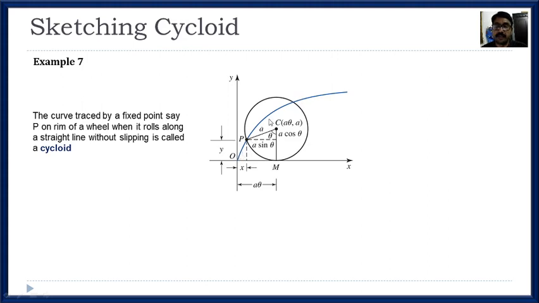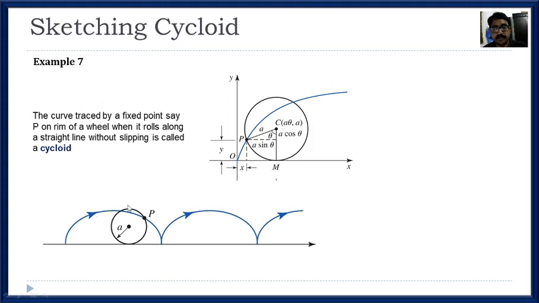So this blue line is the path traced by this fixed point. When it rolls on this line, you will get the path like this. When it rotates completely once, you will get one arch of the cycloid like this. And when it again rotates, another arch. So several arches are obtained by rotating this wheel on this line. So this is what is called a cycloid.